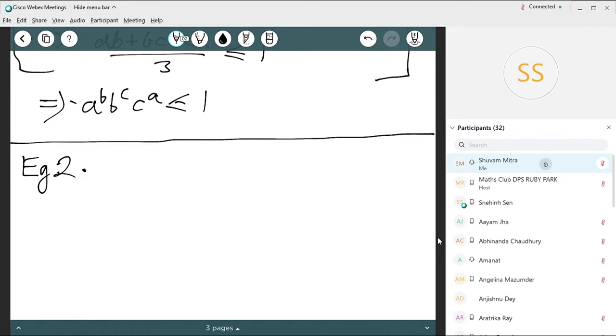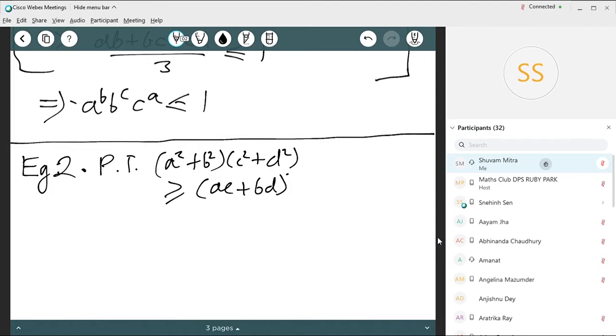I'll call it example 2. This is a simple AMGM and completing the square exercise. Prove that (A square plus B square) times (C square plus D square) is greater than or equal to (AC plus BD) whole square for all reals.